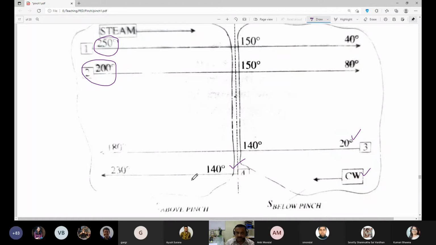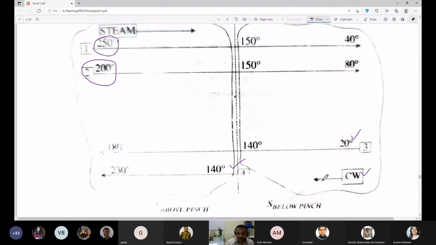If I put this dotted line as pinch, I have steam, these 2 hot streams, these 2 cold streams. So I have 5 streams above pinch, and I have 4 streams below pinch, because this stream is starting from here.